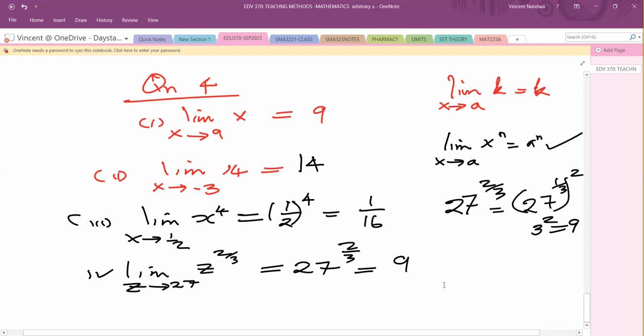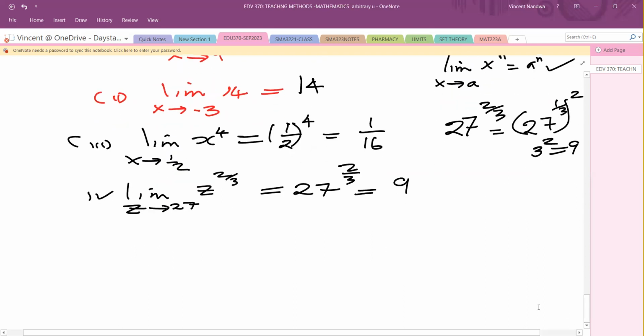Fine. And then the other one is the limit as t approaches 2 of t power -1. So the answer will be the same as a half, okay?